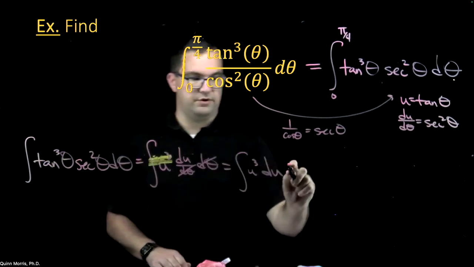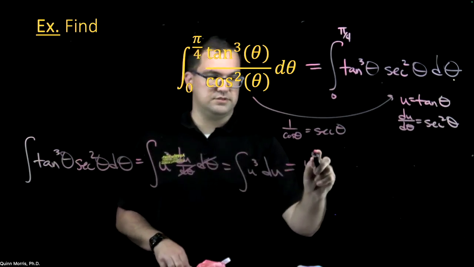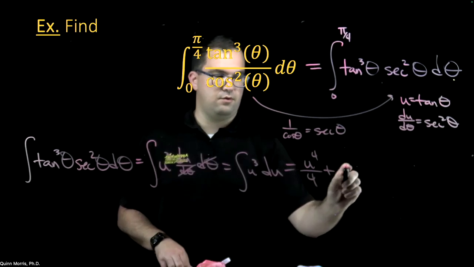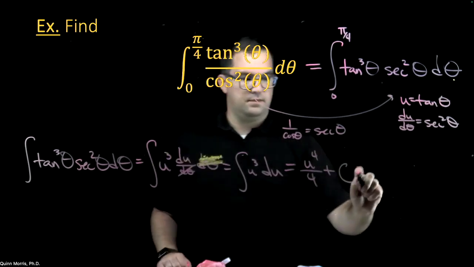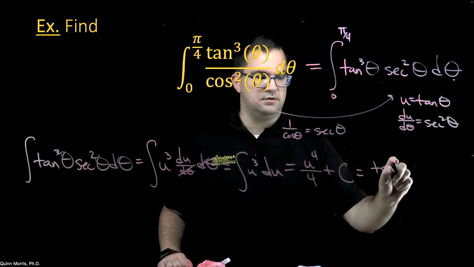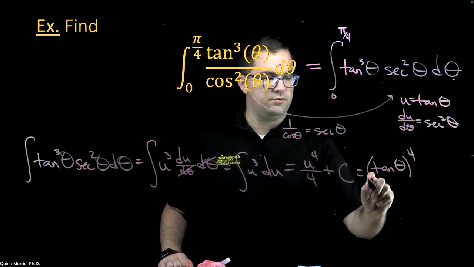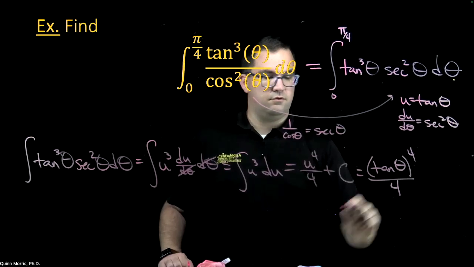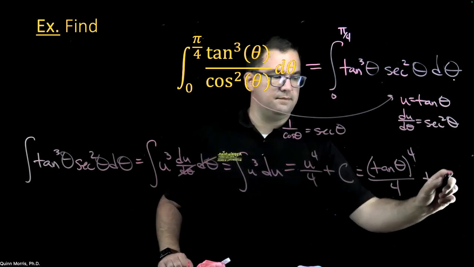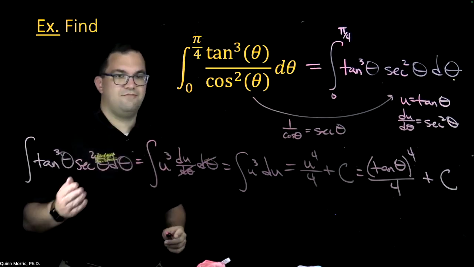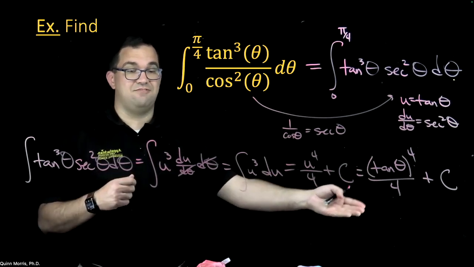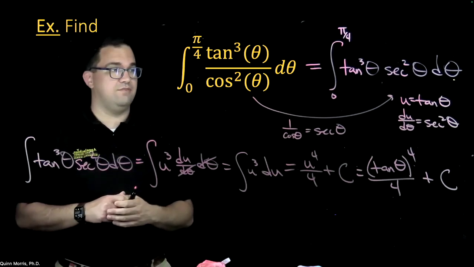Well, again, that's a fairly straightforward antiderivative. So increase the power by 1, divide by the new power, plus c. And so this is tangent of theta to the fourth divided by 4 plus c. All right. So now that I've found the indefinite integral, what I've really done is I've found all the possible antiderivatives.